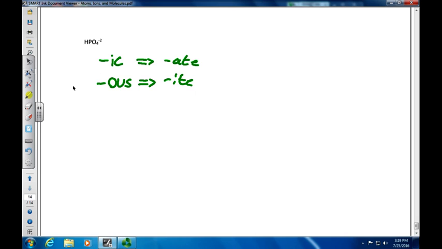And upon doing so, you would find that it would be phosphoric acid. And in looking at that, you would be able to determine the name for this particular oxoanion.